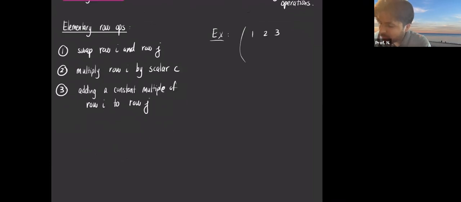So let's start with an example of this matrix: 1, 2, 3, 0, 1, 0, 0, 4, 2. So I have a square matrix.